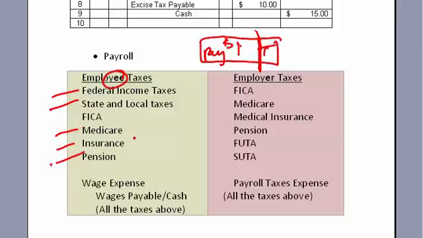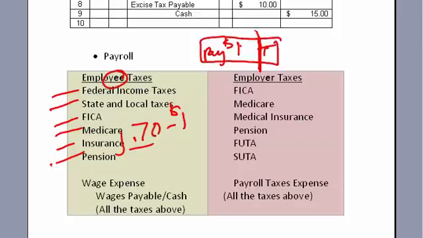That's why the employee will yell and say, well, I'm only making 70 cents for every dollar that I make. I only get 70 cents cash. And they talk about how awful the taxes are. So you would record the wage expense and the wages payable, or cash if you pay it, including all of these taxes.